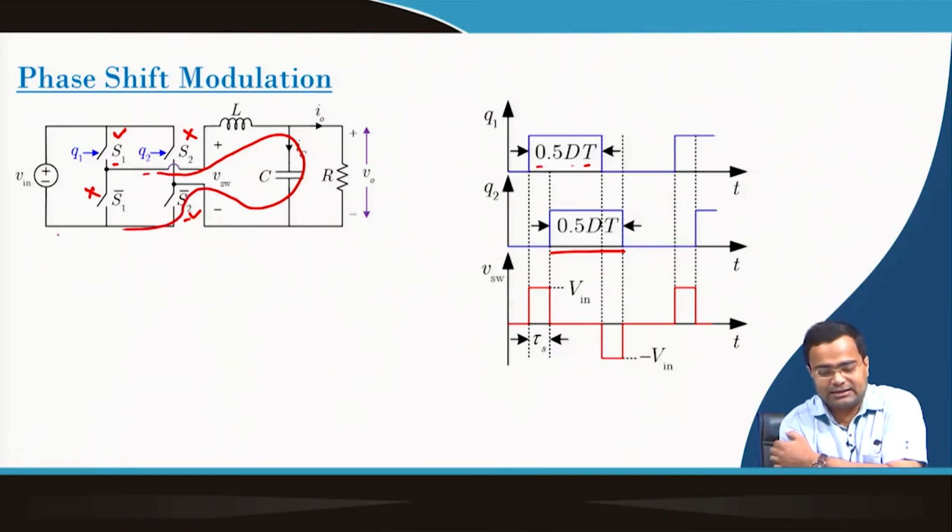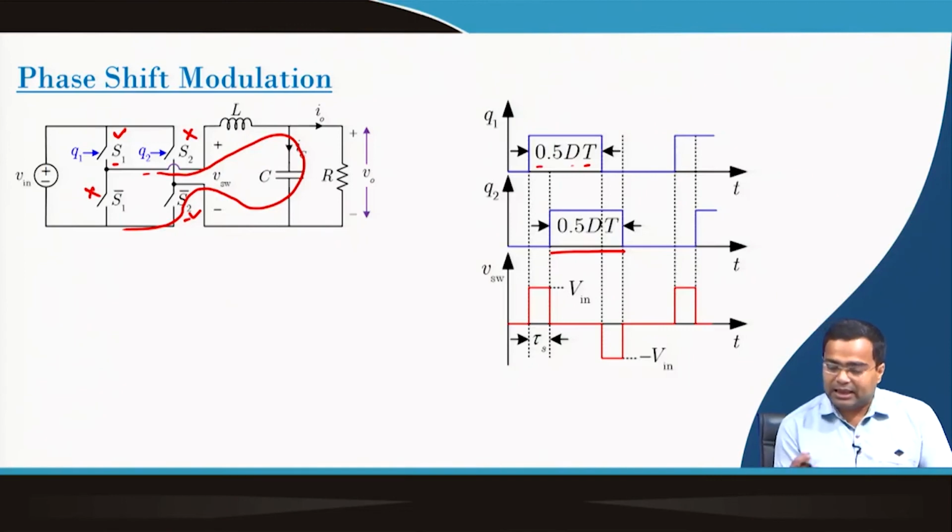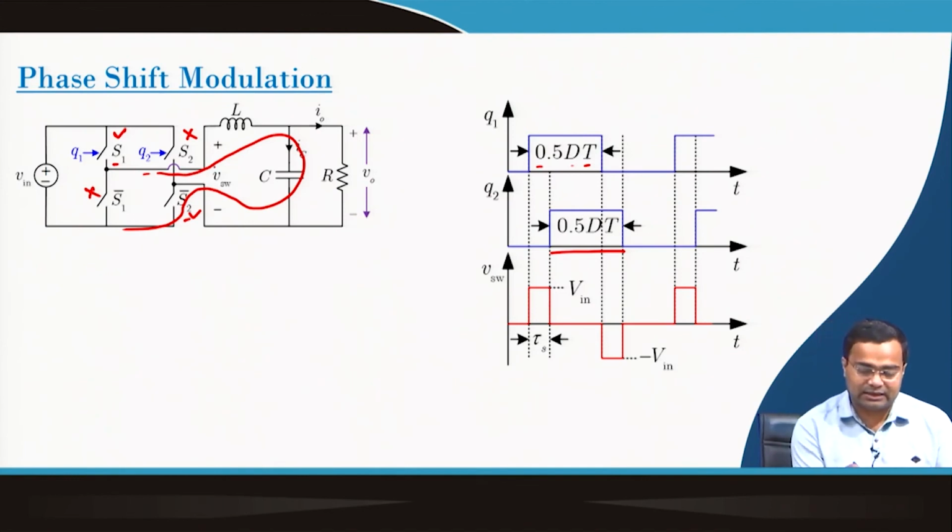So, you can see that VSW, the switch node voltage, will be the input voltage. If both Q1 and Q2 are on, then what will happen? I am sorry, here I should mention that S1 and S2 bar are not the same switch. S1 is operated by a switch signal Q1 and S2 is operated by a Q2 signal, and S2 and S2 bar will operate in complementary fashion, S1 and S1 bar will operate in complementary fashion.